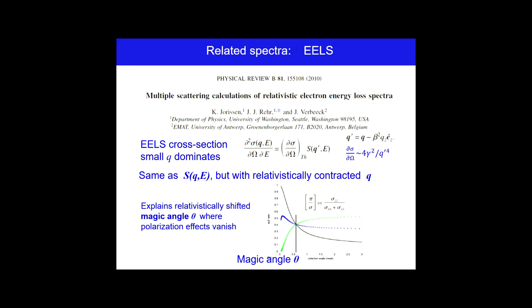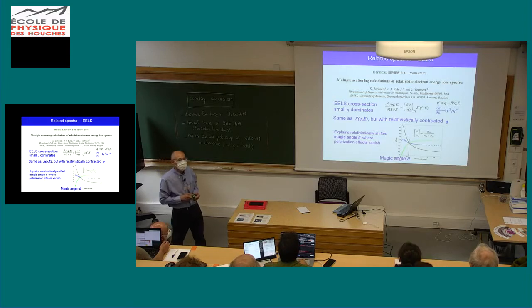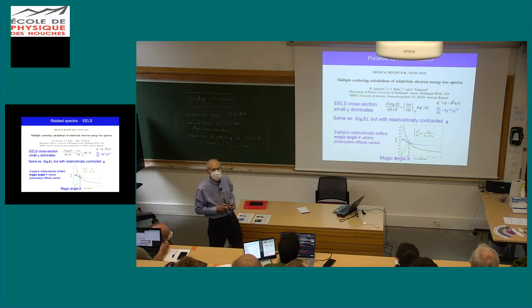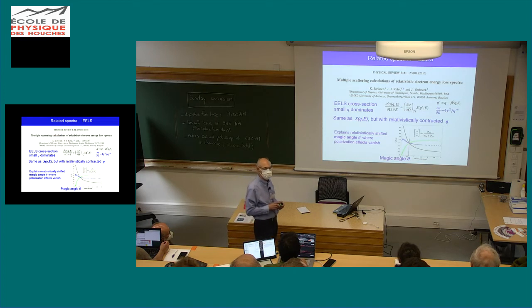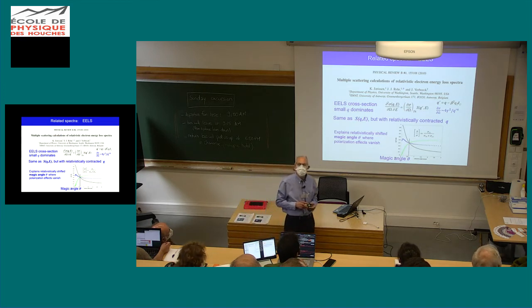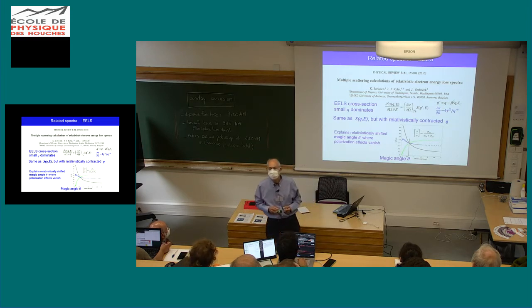Okay, how about EELS? The cool thing about EELS is that it's also similar to X-ray spectra, but nowadays they're getting better and better machines, which means the beam energy is higher and higher. Now 300,000 eV, and guess what? It's no longer a non-relativistic calculation.